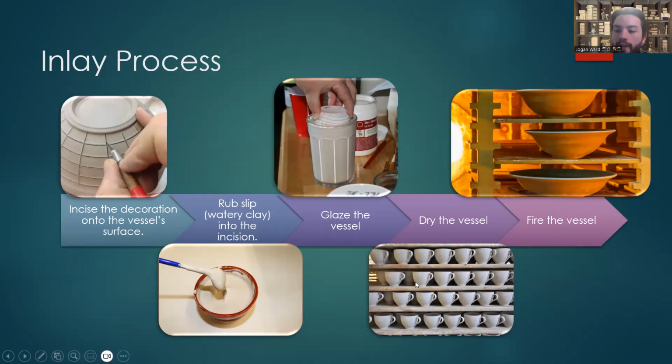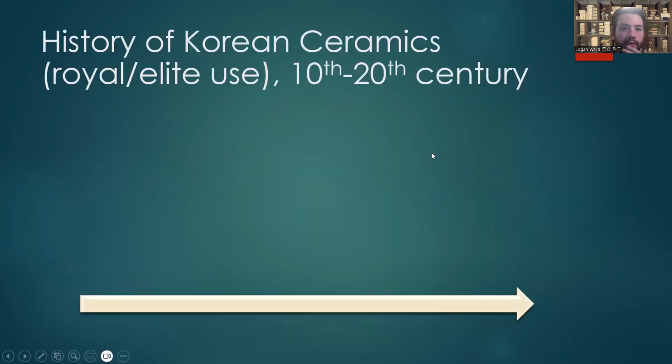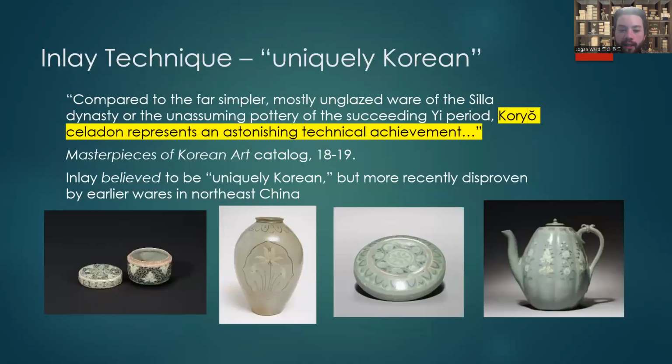Then you let it all dry, and then you fire it at really high temperatures. And when you're done, that's when you get these white and black lines. Those are from the slip you had put into those incisions, and the green is from the glaze.